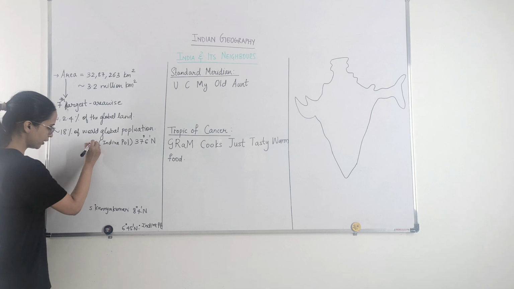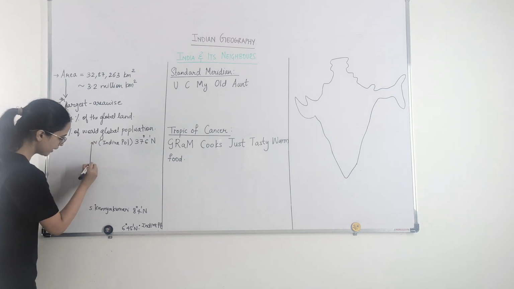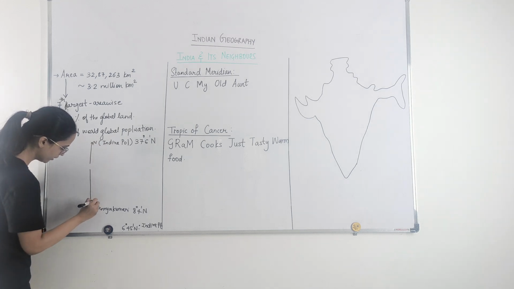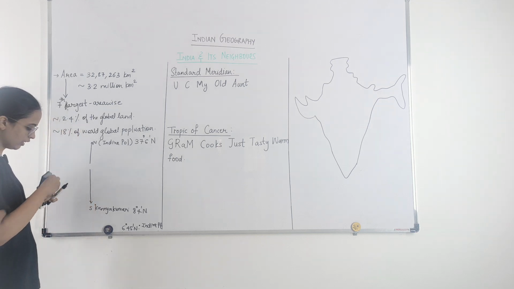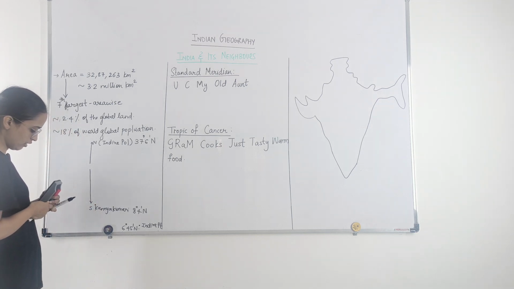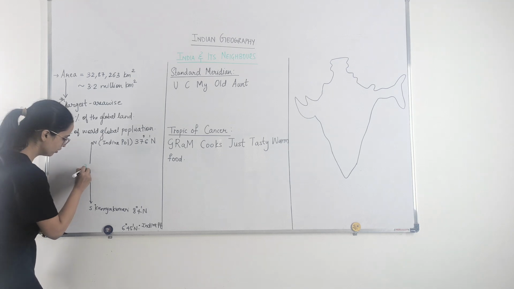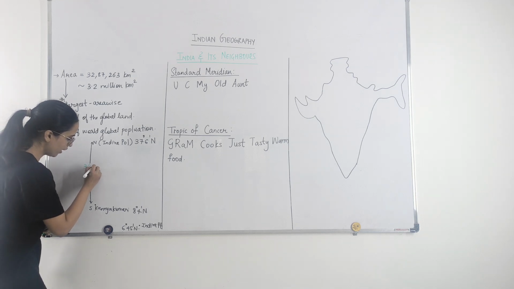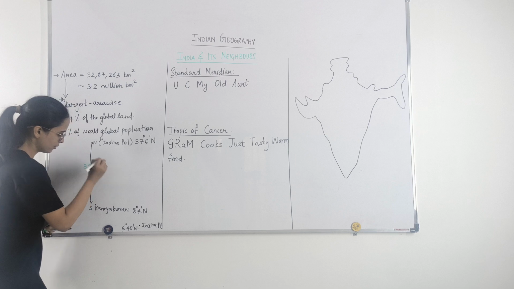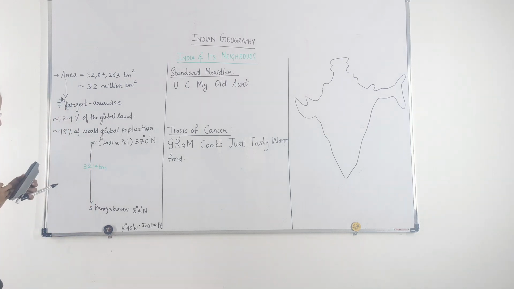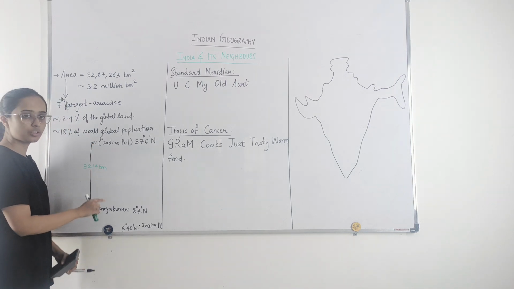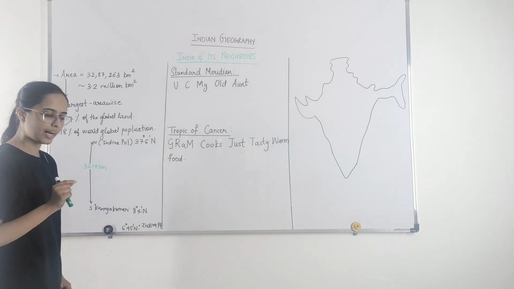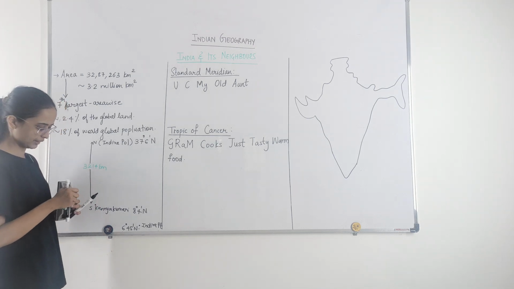Now the distance between the northernmost point and the southernmost point is 3,214 kilometers. So if you try to find out the distance between the north and the south of India's mainland, it is 3,214 kilometers.